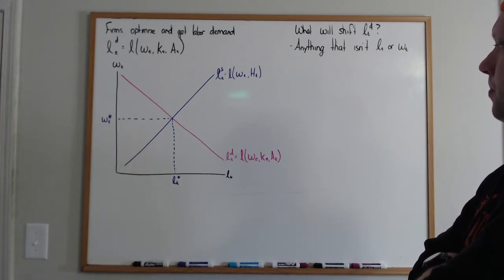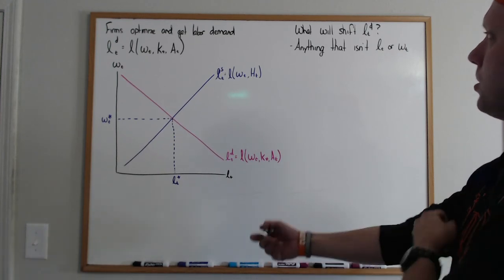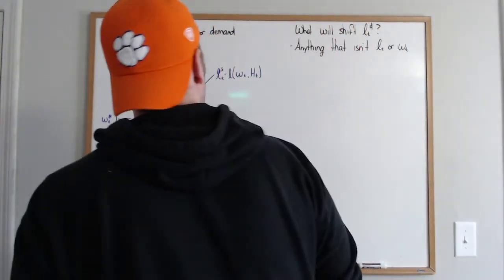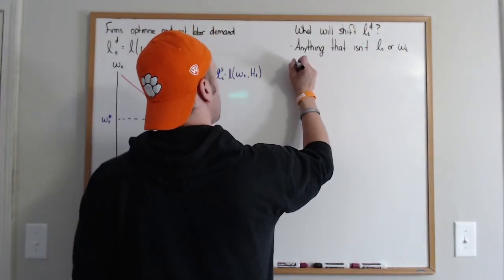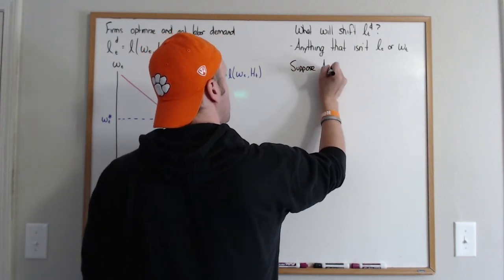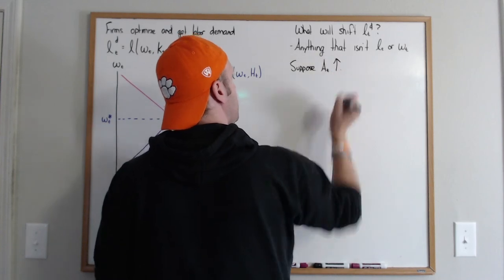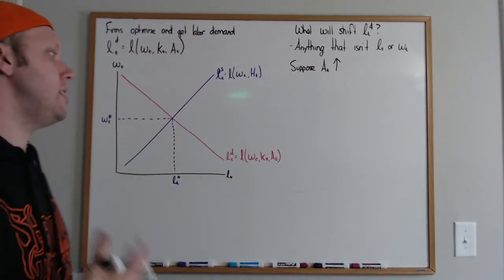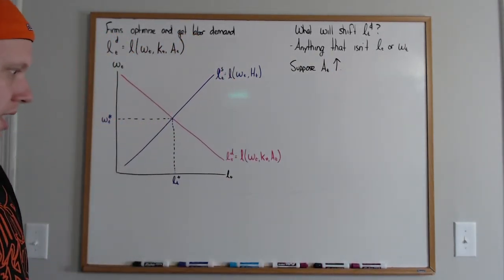Well, the one that I'm more interested in than anything else would be total factor productivity shocks. So let's suppose there's a technology shock. AT goes up. What's going to happen?